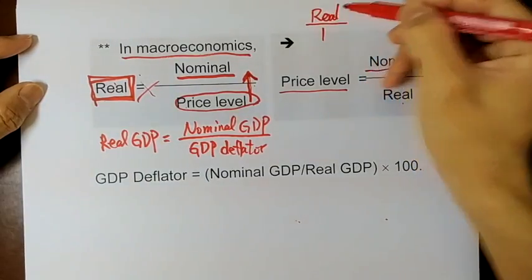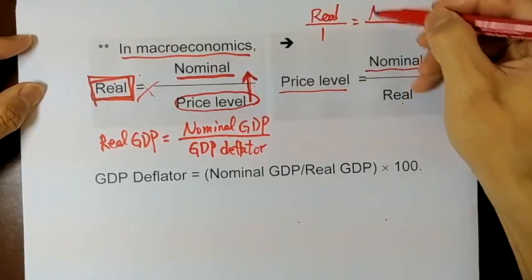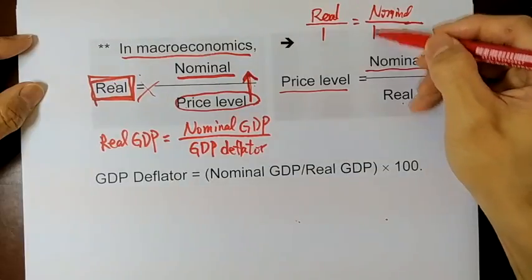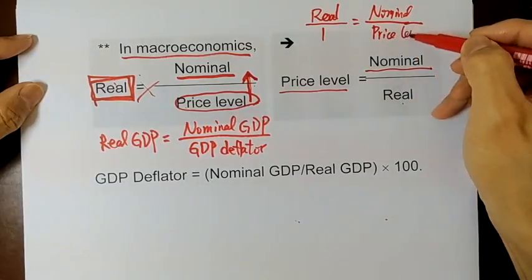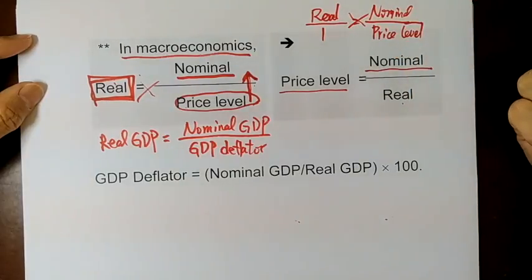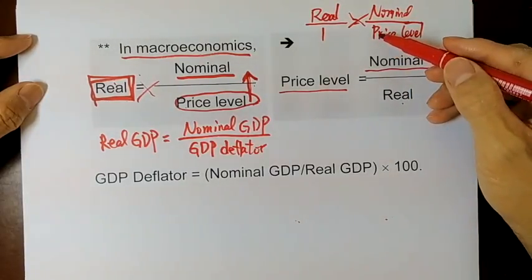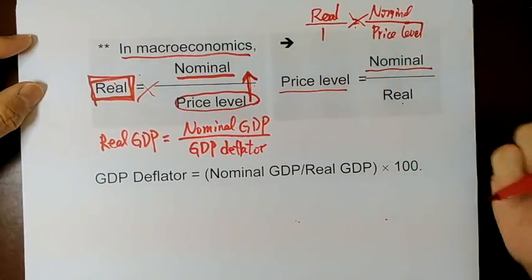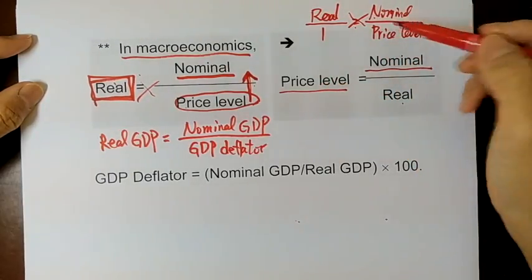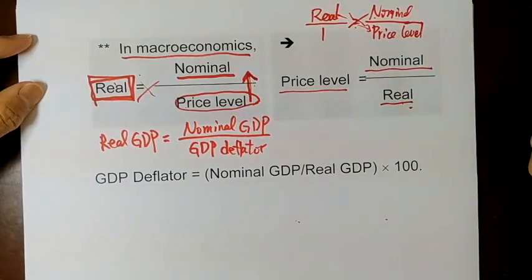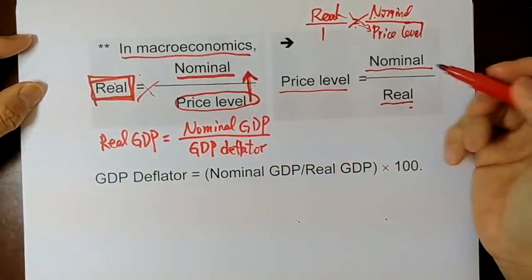Real is equal to nominal divided by price level. So do the cross product. Price level is equal to nominal divided by real. Okay? So just like this.